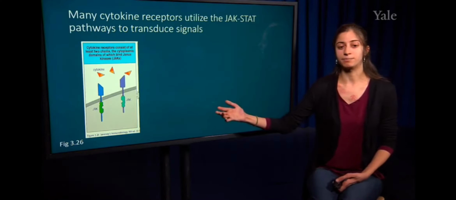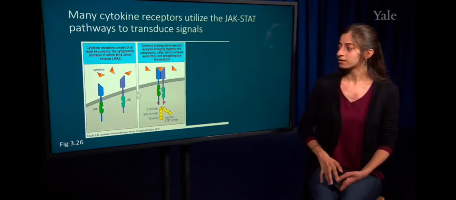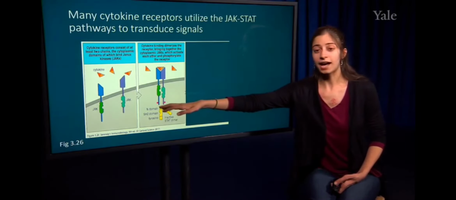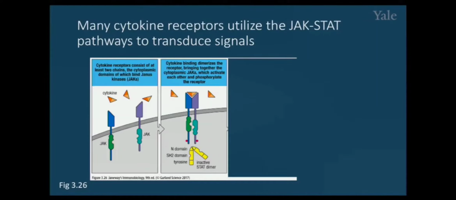Once the cytokine binds, the receptors are then able to dimerize and allow their JAK regions, or their intracellular components, to come together. Once the JAKs are in close proximity, they can activate each other and phosphorylate the ends of the receptor. This phosphorylation occurs on a tyrosine residue and will allow for an SH2 domain that's part of the STAT transcription factor to recognize the phosphorylated receptor.